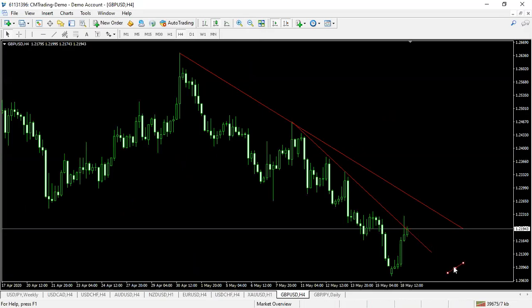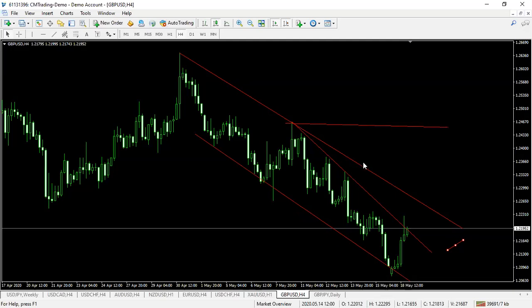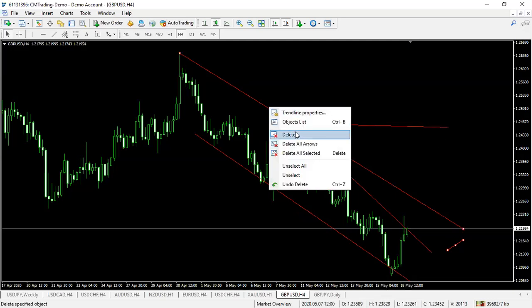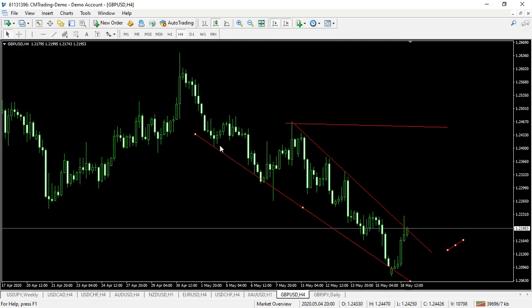So we have this breakout. So there are a few options. One, we had this trend. Okay. So there's this breakout, but we base it on this. We've drawn trend lines.